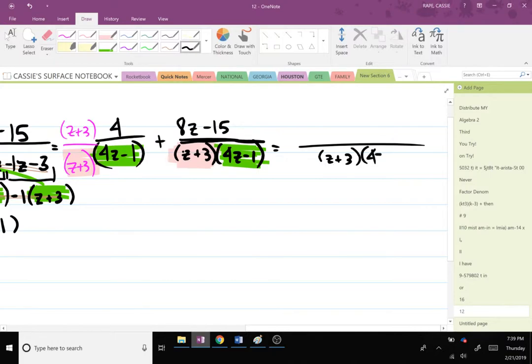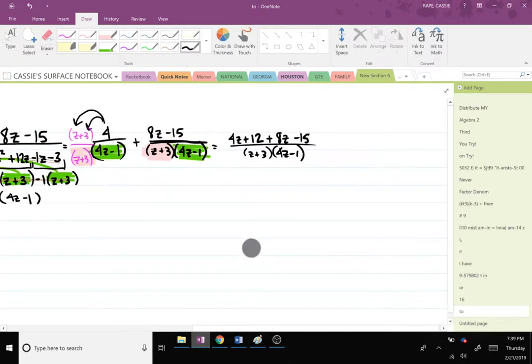times 4z minus 1. So once you've got a common denominator, you just have to do the math on the top. So I'm going to distribute 4 to z and 3. So I've got 4z plus 12. And I didn't do anything to the right-hand side, so I'm going to write plus 8z minus 15.